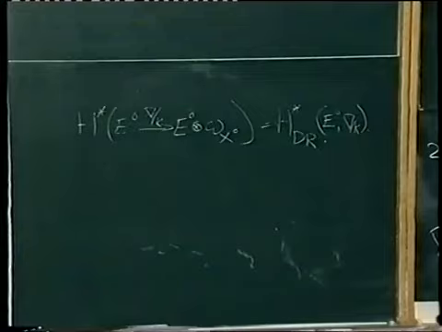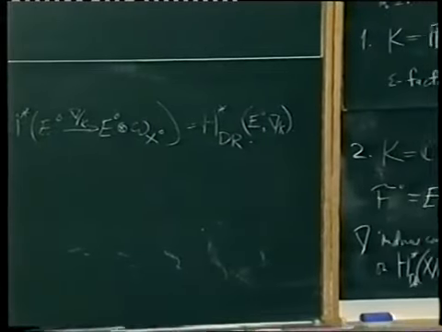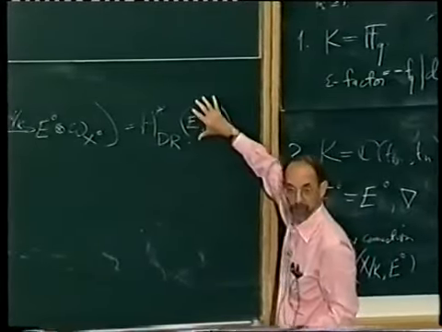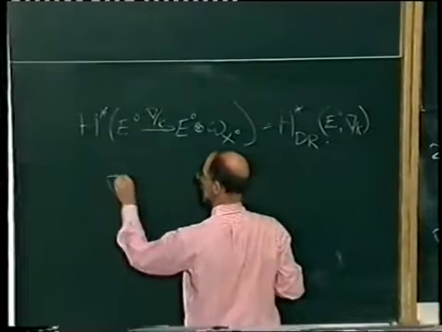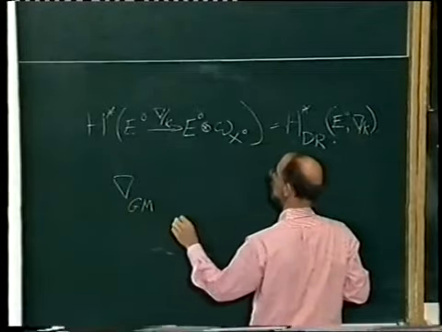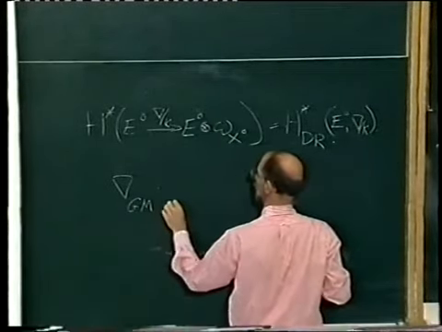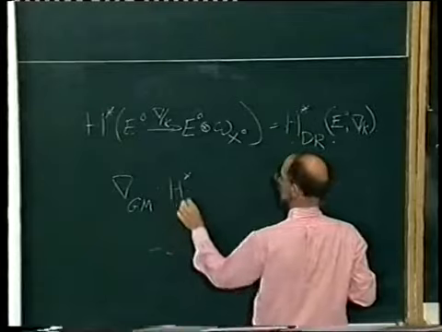Because we assumed that we had an absolute connection, these groups inherit connections. So you have what is called the Gauss-Manin connection on the de Rham cohomology.